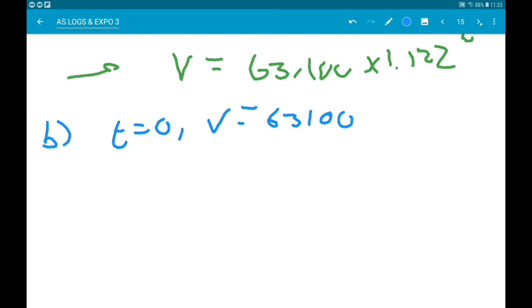Therefore, 63,100 is the value of the painting on the 1st of January 1980.